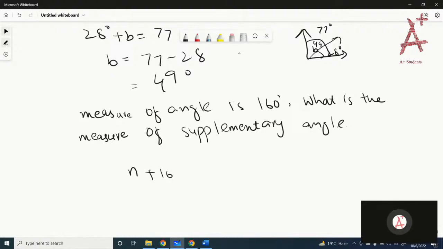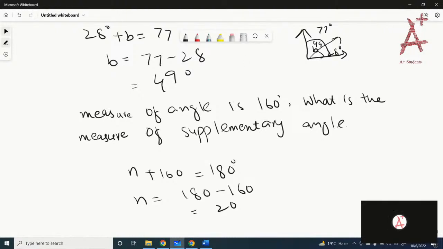So n plus 160 equals 180 degrees. Got it? So you have to shift that 160 to the other side. It would be 180 minus 160, and 180 minus 160 is 20. That means the supplementary angle of 160 is 20 degrees. Got it?